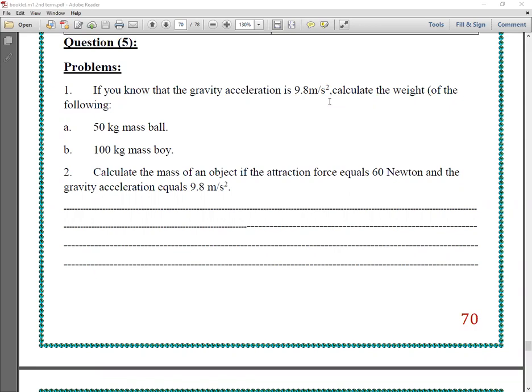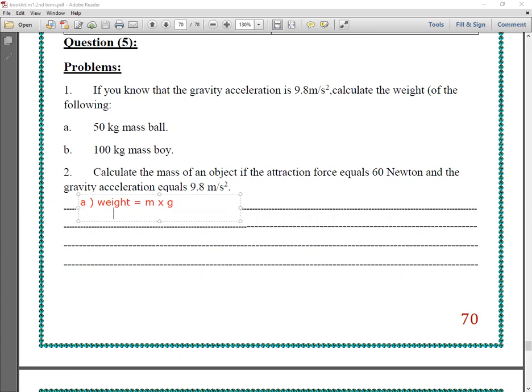A, 50 kilogram mass ball. The weight equals mass times gravity.